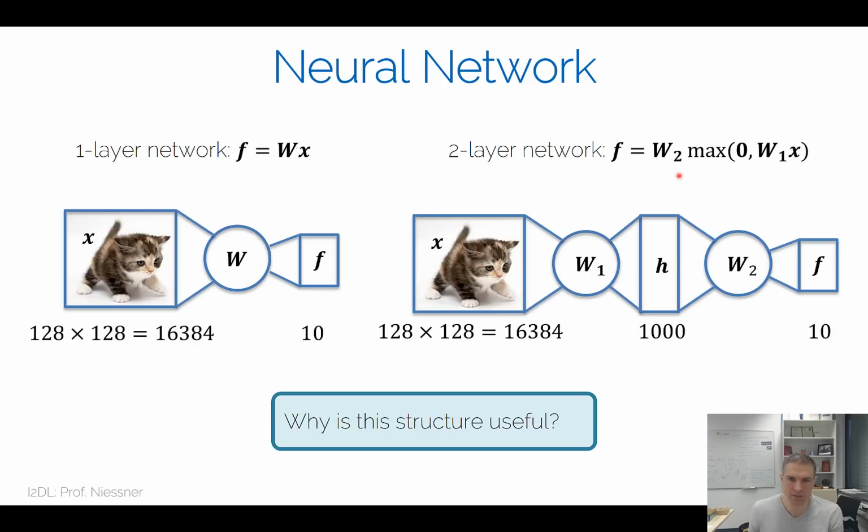Now, I want to make this concrete again for image classification. Let's in this case assume we have an image that is 128 times 128. So our input dimensionality of X is 16,384. It's about a 16K-dimensional problem that we're dealing with. And our output F is 10-dimensional.